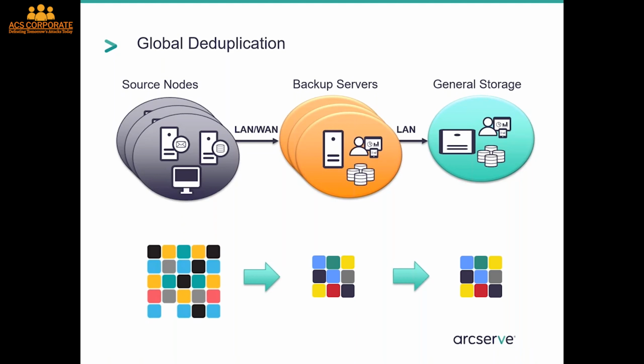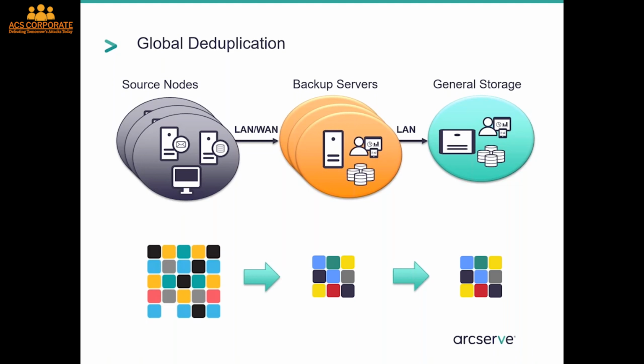So what we do with global dedupe is that once that block has been backed up from one machine, we're comparing the data structures coming in across all the other nodes, and if that block is duplicated on any of the other nodes, it doesn't get backed up because we've already taken that block from one of the nodes.